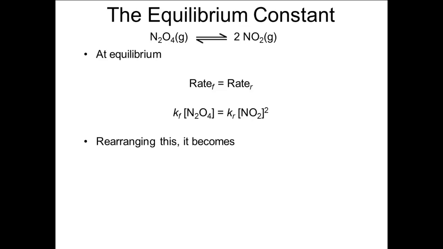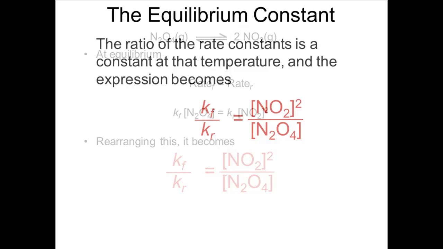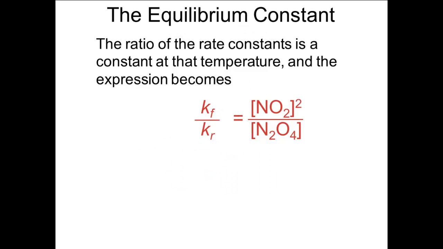Rearranging this equation to put the concentrations on the same side and the rate constants on the same side, we get K forward over K reverse equals the concentration of NO2 squared over the concentration of N2O4. Since the values of the rate constants are constant as long as the temperature doesn't change, then the ratio is also a constant, which we call capital K sub EQ for equilibrium.